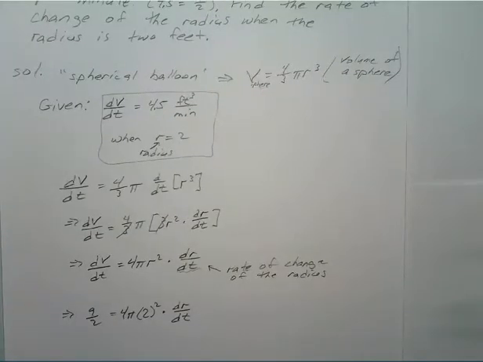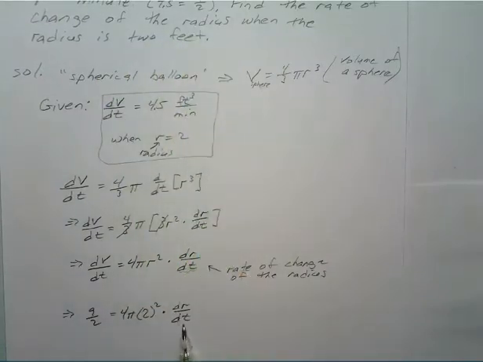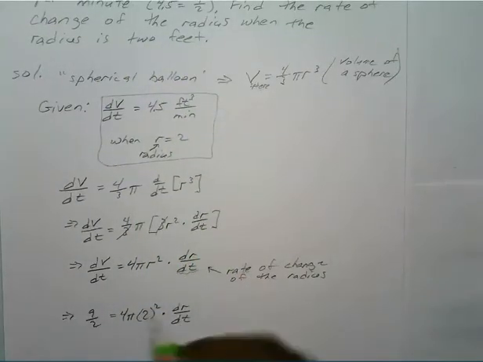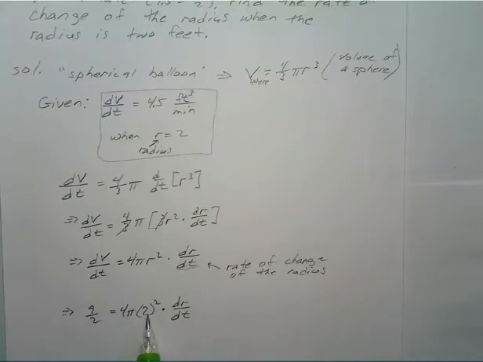Okay, remember, they want us to find the rate of change of the radius. So that means we solve for our dr/dt. Okay, so you have 4 times 2 squared, so 4 times 4 is 16 pi. So we divide both sides by 16 pi. Okay, so these two will actually cancel each other out.